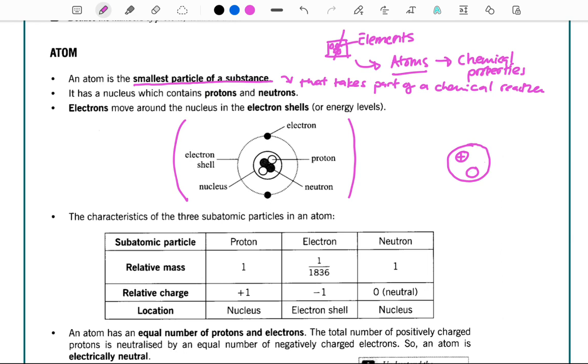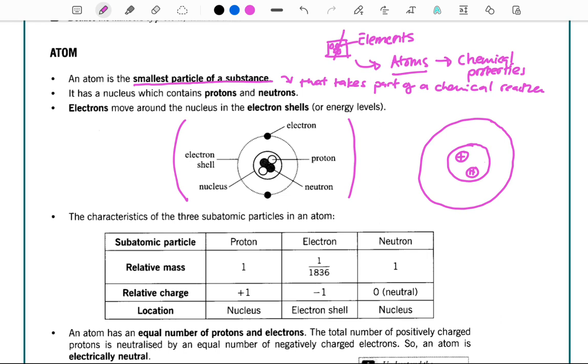The neutrons are just neutral, and the protons are positive. After that, we then have this shell, and the shell represents an energy level, or where the electrons will be.